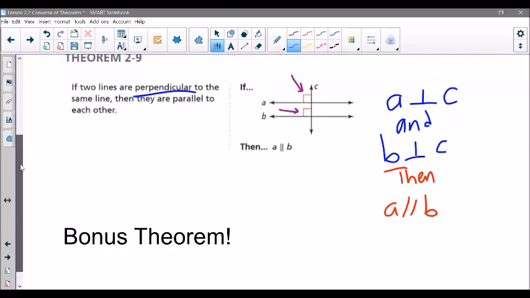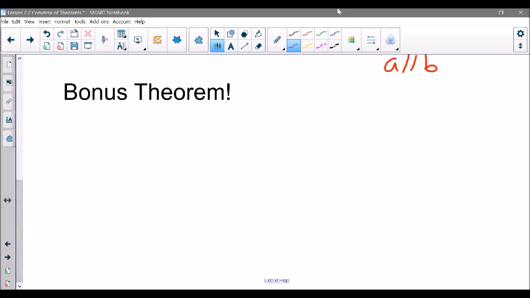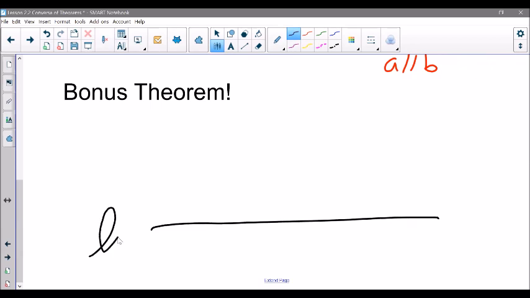Now this next one, this is kind of like an obscure theorem, but we got to talk about it anyways. So if we have some line, any line, we're going to call this line L. I want to type this out because this gets kind of wordy.